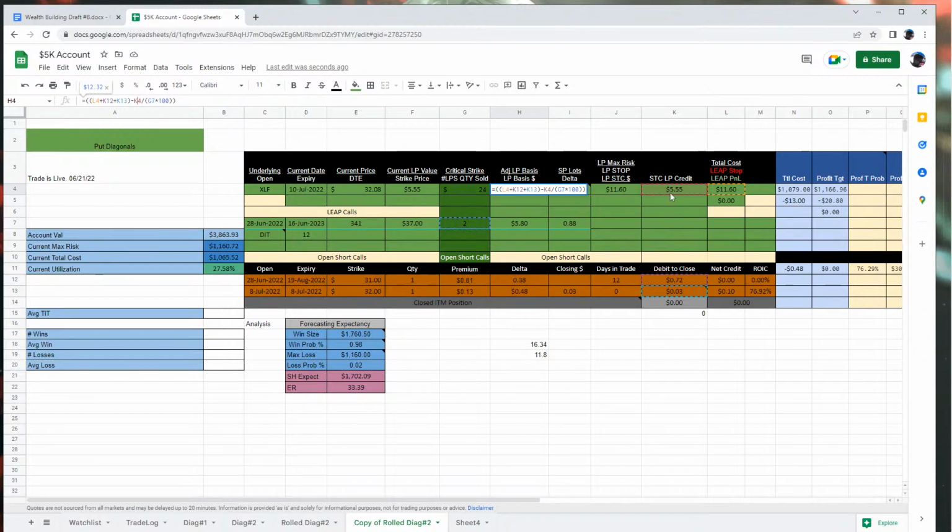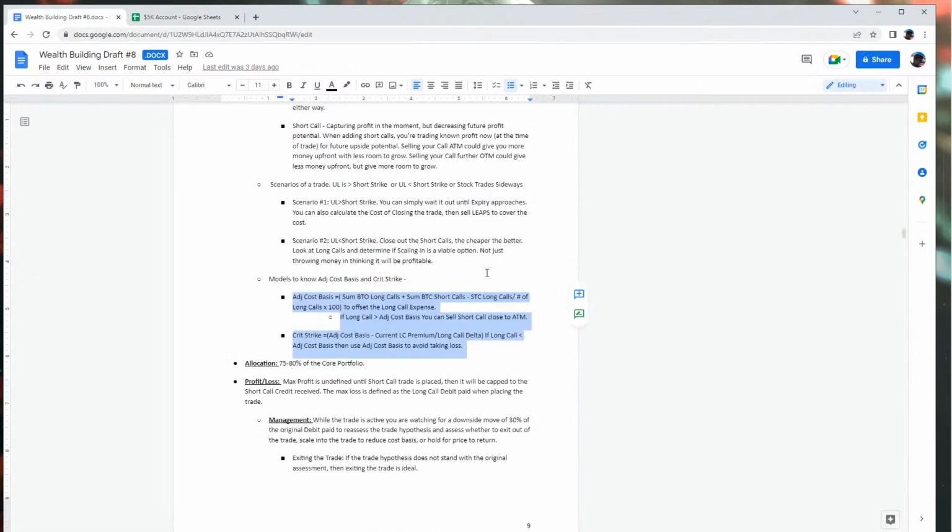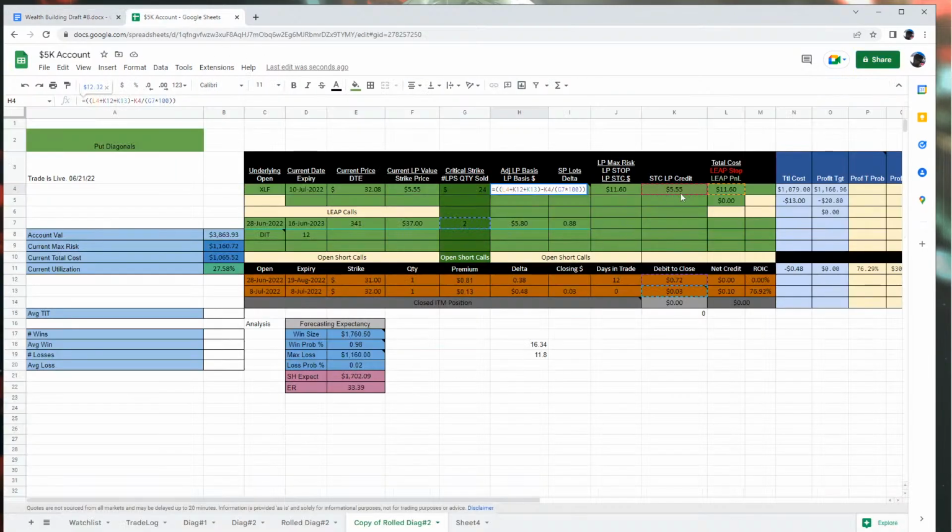So we can see that we have the sum of all the positions here minus the sell to close long position. So in this case, it's long puts. So sell to close long puts, and we have it right here.